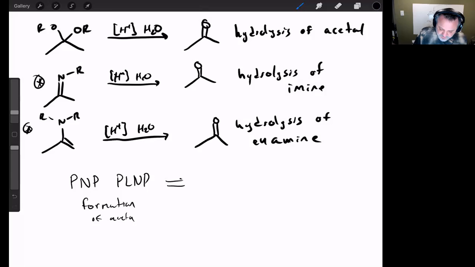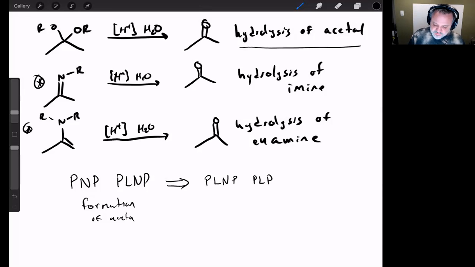Then we talked about how we would do this mechanism in reverse to do the hydrolysis of an acetal. We said we would go backwards, remembering that the opposite of a nucleophilic attack is a loss of a leaving group, the same way the opposite of loss of a leaving group is a nucleophilic attack. That way we would know the 7 mechanistic steps that represent the hydrolysis of an acetal.